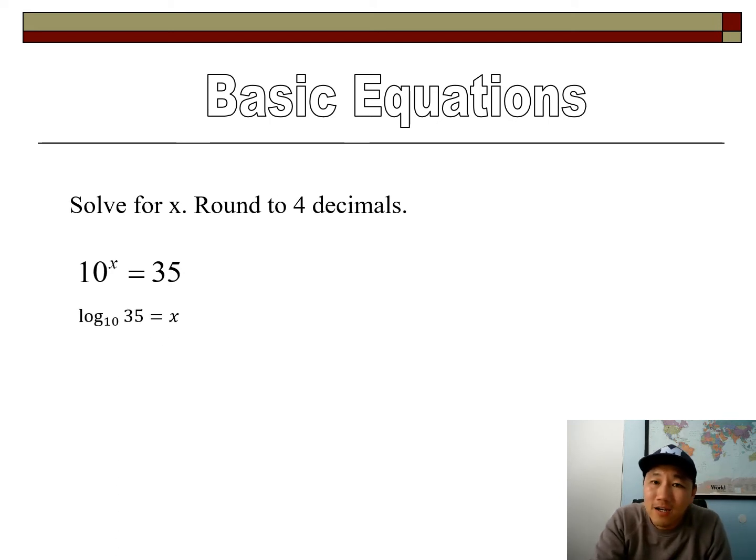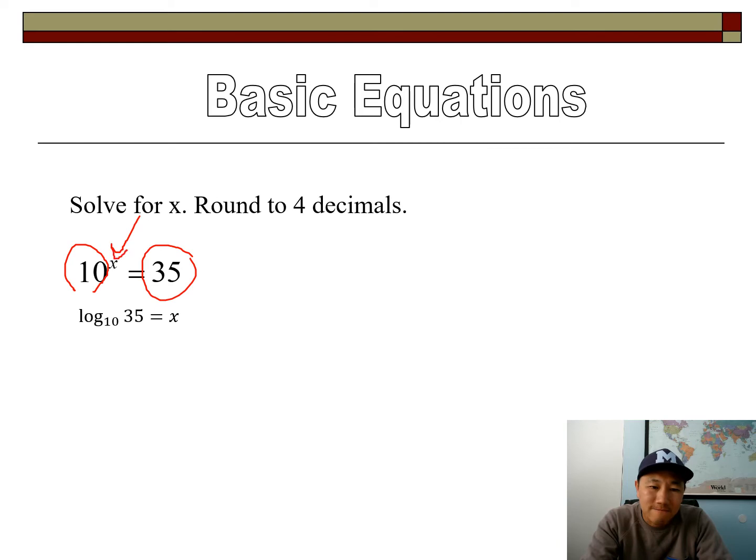Remember the definition of logarithms? It was way back in one of the first sections in this chapter. But to change it to log form, we did that whole thing with the left, right, left. So log base 10 of 35 equals x. All right.